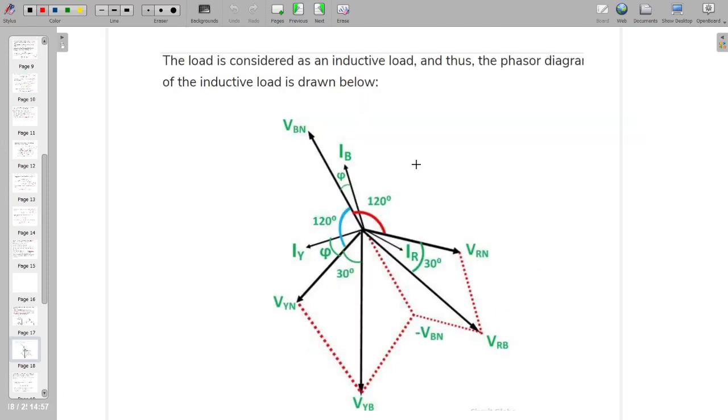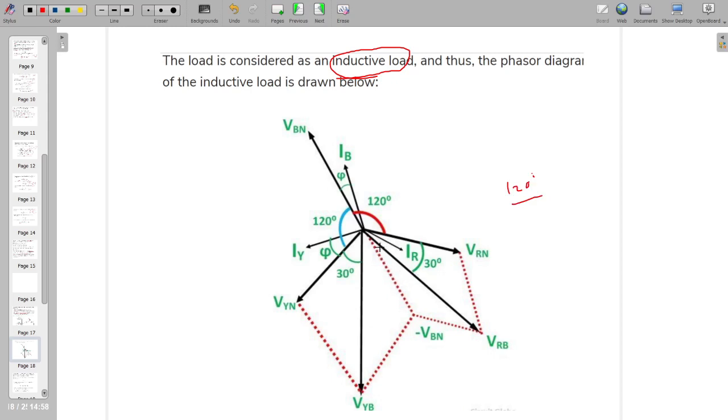If I am considering an inductive load, the connected load is an inductive load. So the phasor diagram is given below for the inductive load. We all learned in our previous classes how to draw a phasor diagram. So considering VRN, VYN and VBN, they are 120 degrees apart from each other.